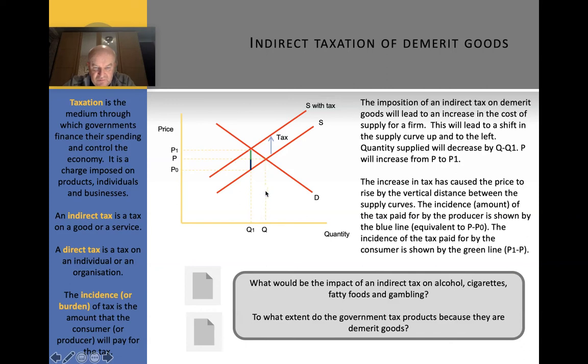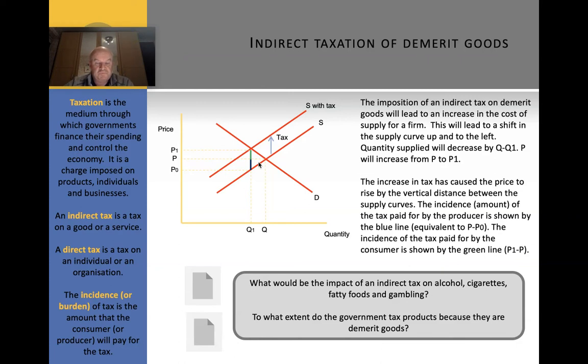Anything below that original equilibrium is the extra amount that the producer is having to pay, the incidence of the tax that the producer pays, and then anything below the new equilibrium point to the old equilibrium point is what the consumer is actually paying for that extra amount, by having to pay that extra cost.